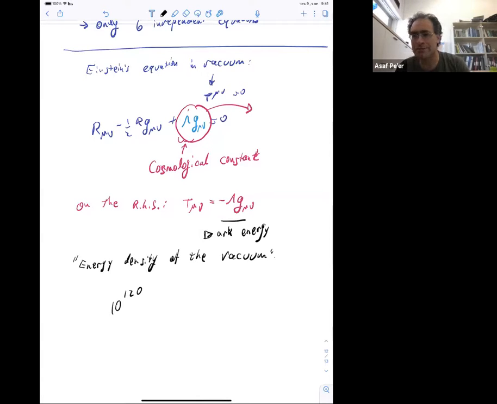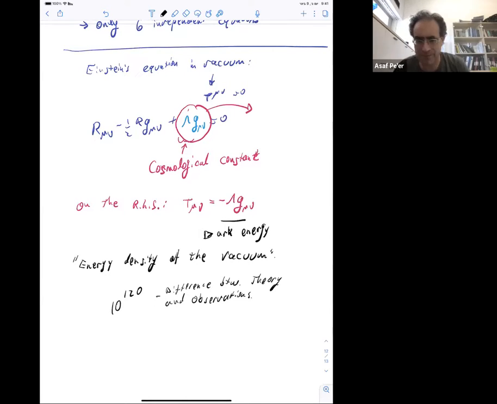This is the largest difference between theory and observations in theoretical physics that exists today. There is something very fundamental about this whole nature of dark energy that we do not understand. We know it's there.